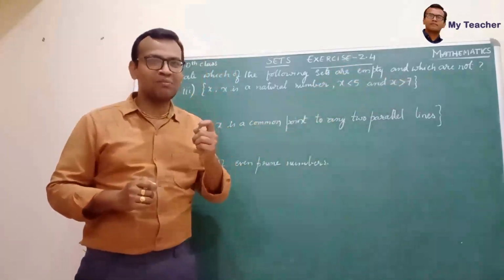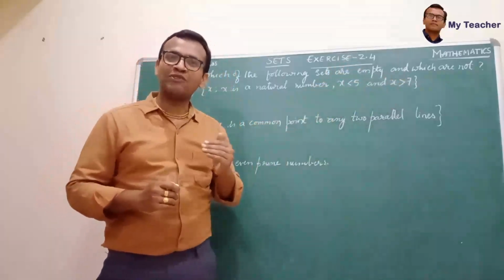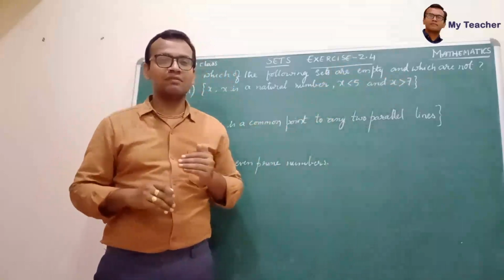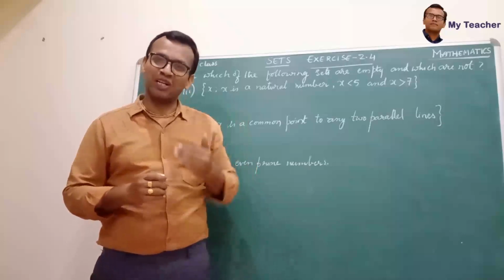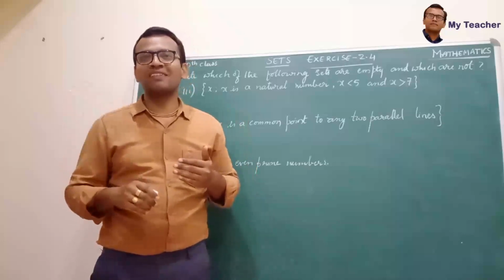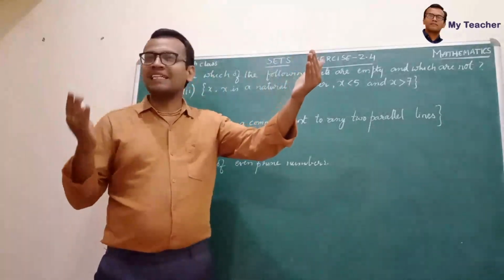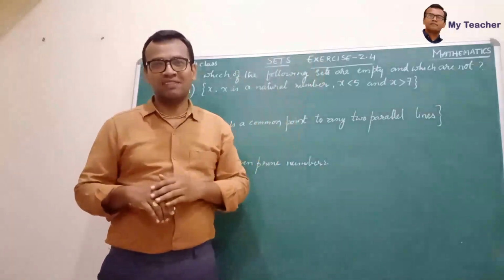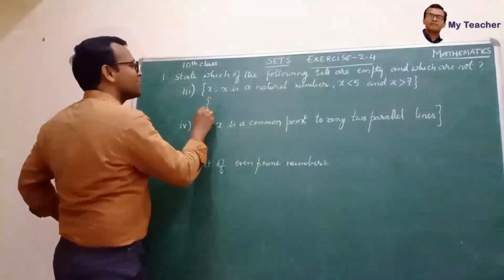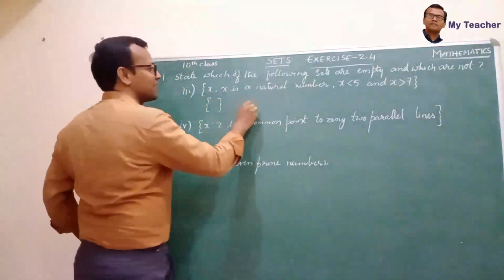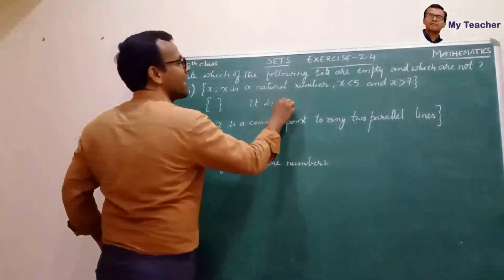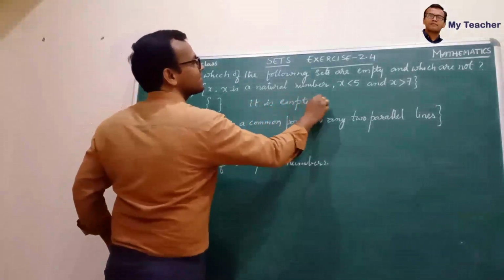Tell me one number which is smaller than 5 and greater than 7. No such number is possible. If it is smaller than 5, it is not greater than 7. If it is greater than 7, it cannot be smaller than 5. So there exists no element in the set. Therefore, it is an empty set.